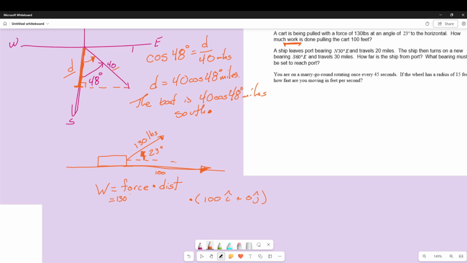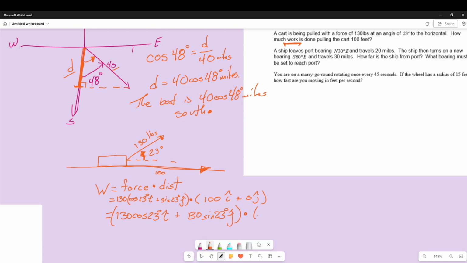It's got a magnitude of 130, but then it's the cosine of the 23 degrees in the I and the sine of 23 degrees in the J. So that's our trigonometric form. But to perform the dot product, we really want the full component form. So 130 cosine 23 degrees in the I plus 130 sine 23 degrees in the J. So that's our force vector.